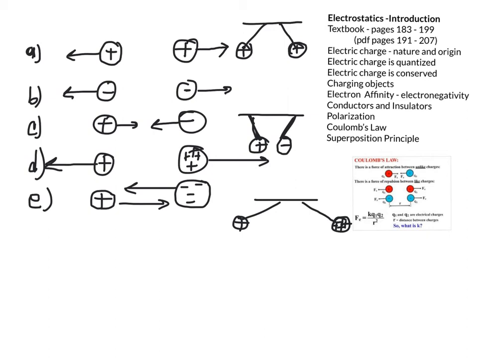Okay, that brings us to the next to last part of this very long lecture. Pause the video. So finally, we need a way to be able to calculate the exact magnitude of this force, and for that we have Coulomb's law. And we know about the attraction and the repulsion, and if you think about it, what's going to determine the strength of that attraction and repulsion?